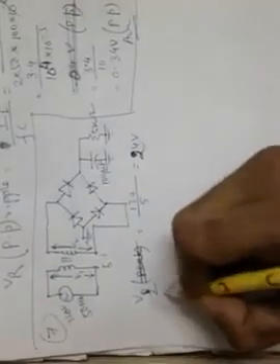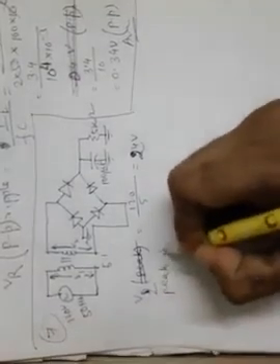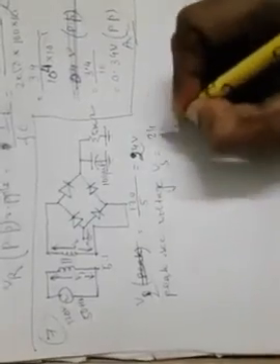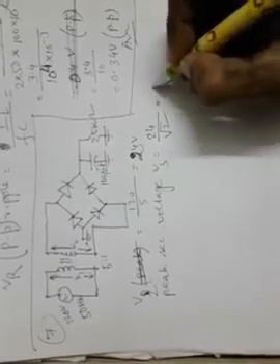Then the peak secondary voltage Vs is 24 into root 2, sorry, this is not divided by, this is 24 into root 2. So this is the peak secondary voltage, 24 into root 2, that is 34 volt, like the previous problem.